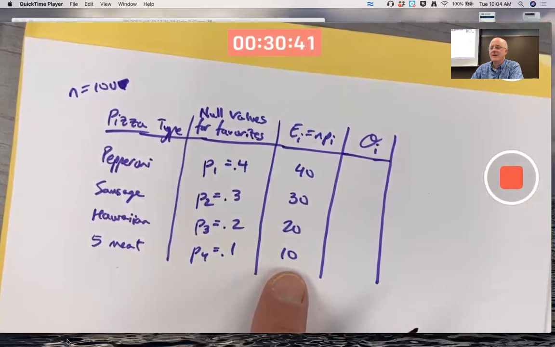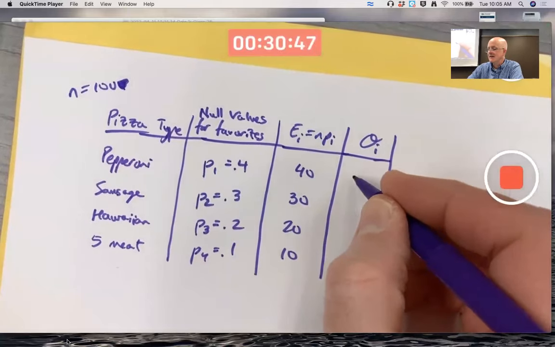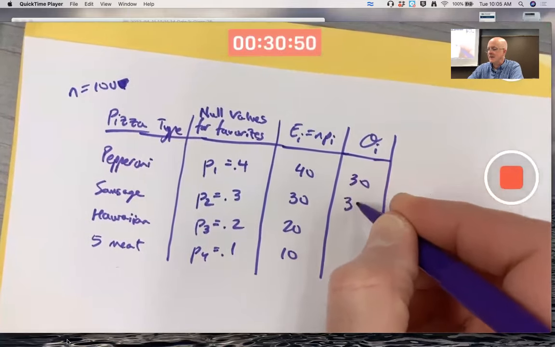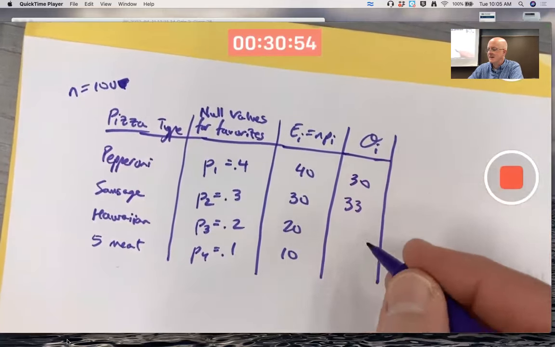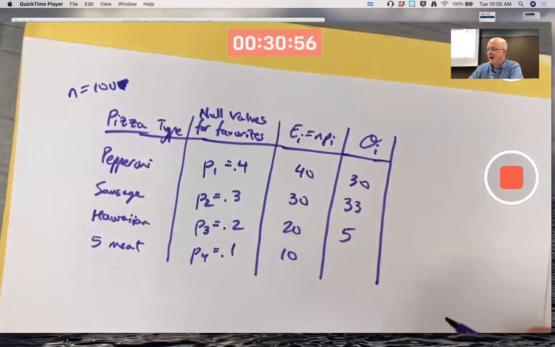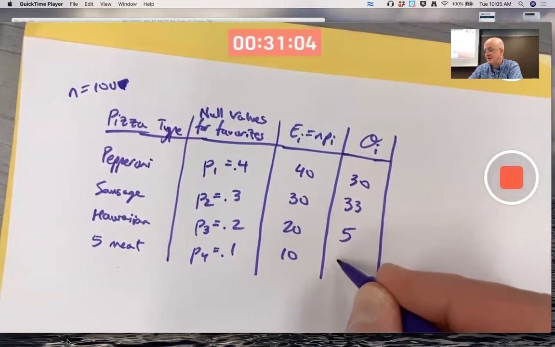Let's try to make them far enough away from the expected values that hopefully we end up rejecting the null. Let's make this one be 30, say this one be 33. This one, to please my son, let's make way down at 5. And then these do have to add up to 100, so that's going to leave, what am I up to, 68 there? It's going to leave 32 for that one.